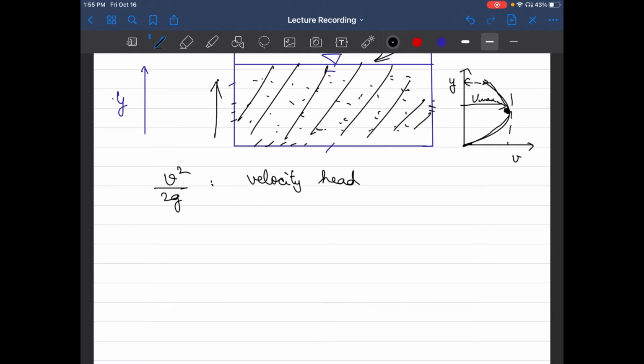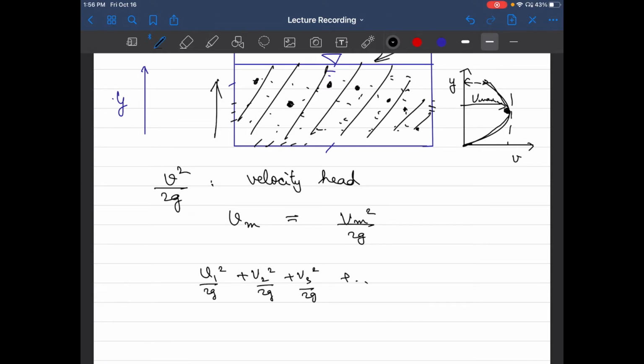Should we use the average velocity of this entire cross section, that is Vm, and use that Vm to calculate this Vm square by 2g, or we calculate the velocities at many points? Let us say there are n points and we say that it is V1 square plus V2 square plus V3 square by 2g and so on.